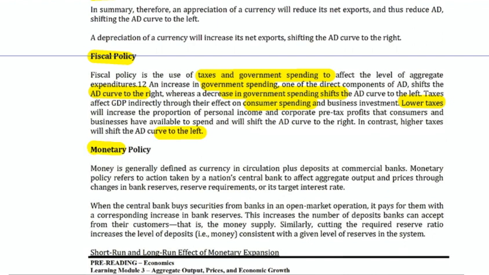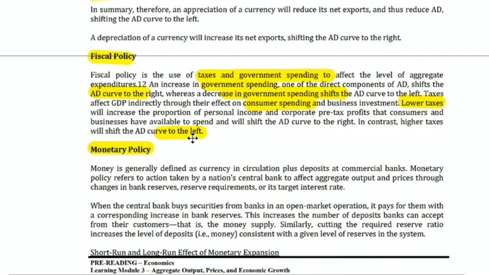Monetary policy, generally, we define as currency in circulation, as well as deposits at commercial banks.